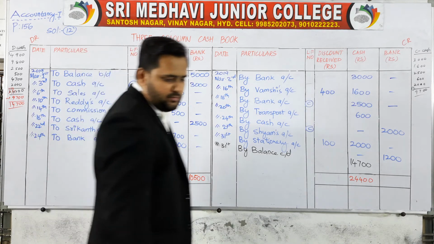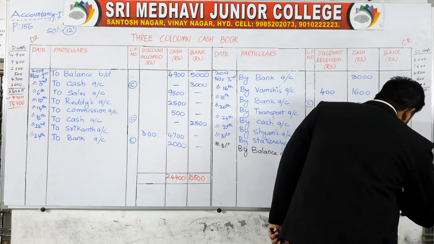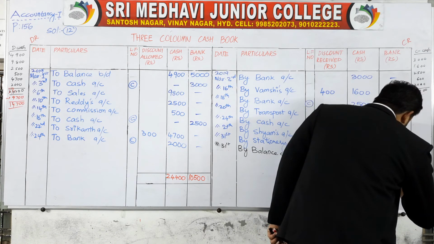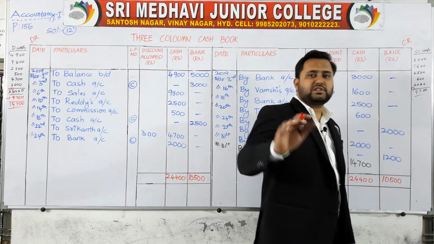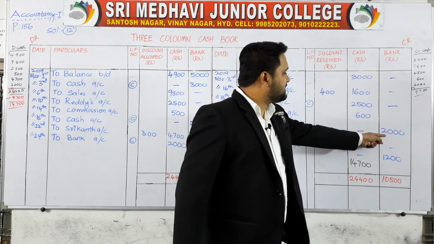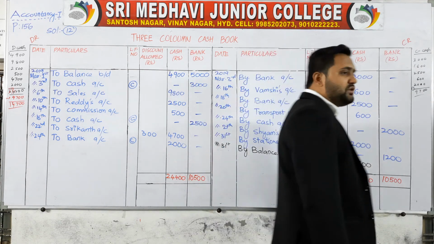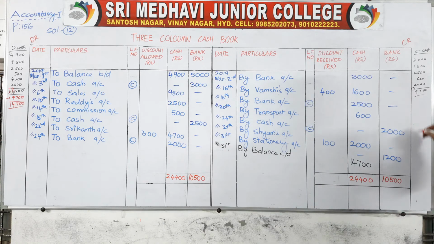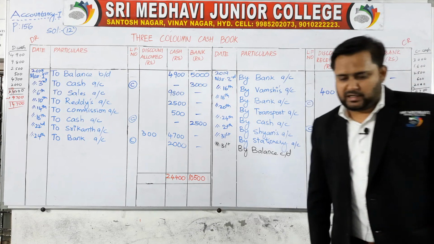So you have to write on both sides 10,500. Out of this 10,500 rupees minus this 3,200. Let's do it here so that we can get the answer. 10,500 minus 3,200. 5 minus 2, 3. 10 minus 3, 7. 7,300 is your bank answer.